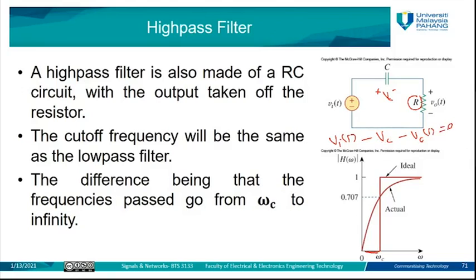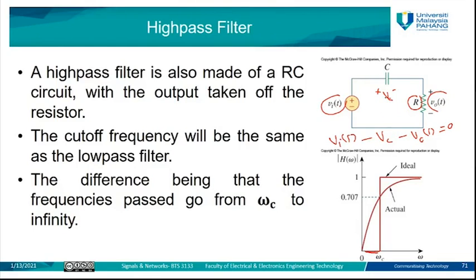Then this will go to the other side, and you need to substitute the value of VC by the value of the current over the capacitor. So then you leave the V out as existing there in order to find the relation between V out and V in. When you calculate the transfer function, you have to keep V in and V out there. You need to remove the other part which is not related to V in and V out.